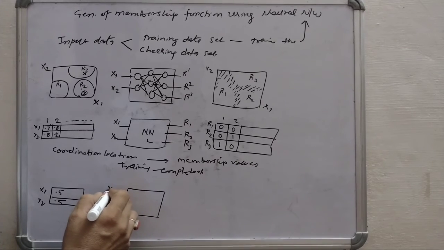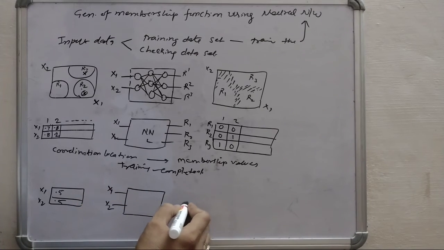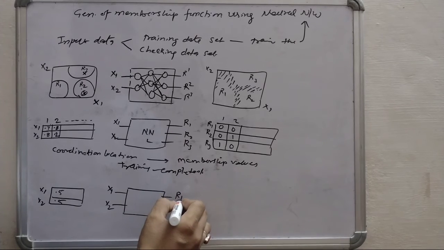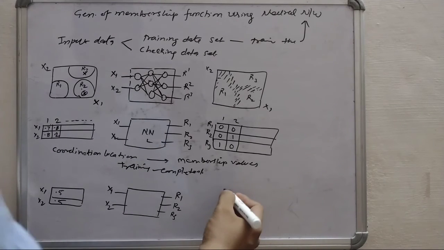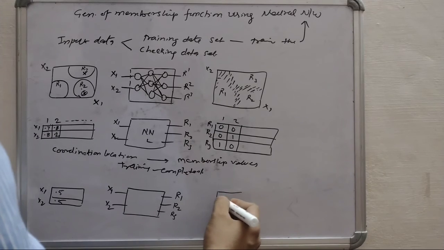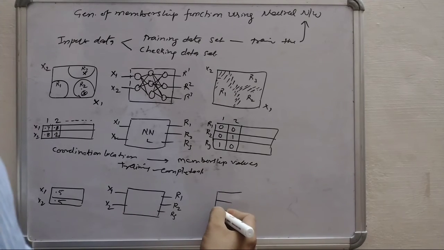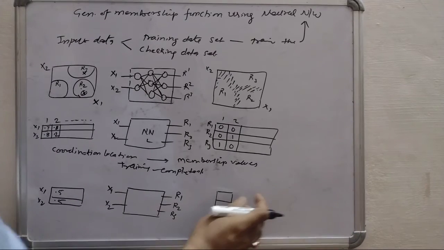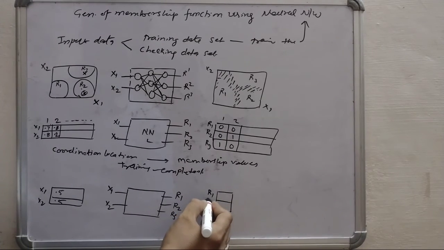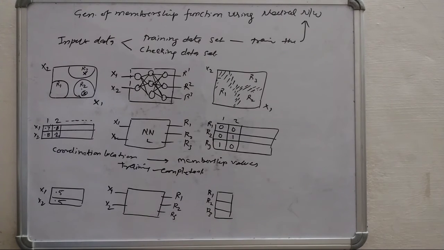Here the inputs are x1 and x2, and we get the outputs R1, R2 and R3, the membership values in the three regions.